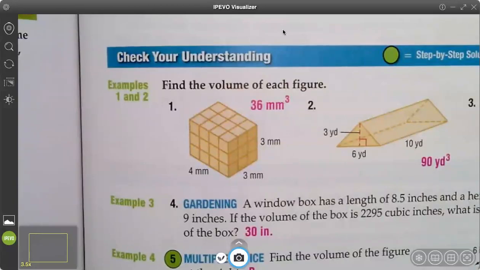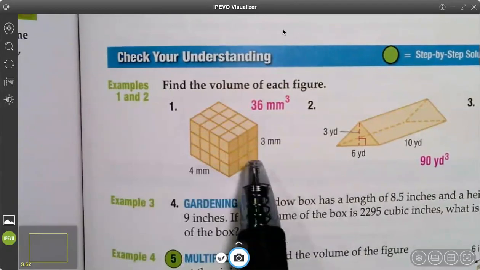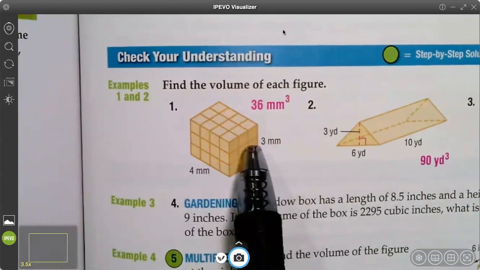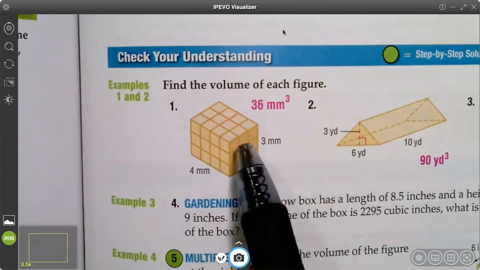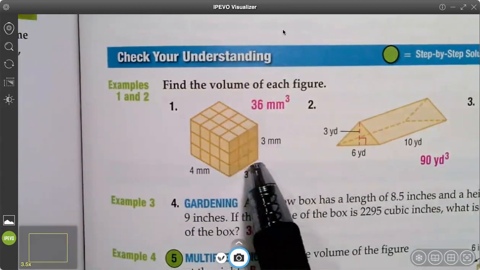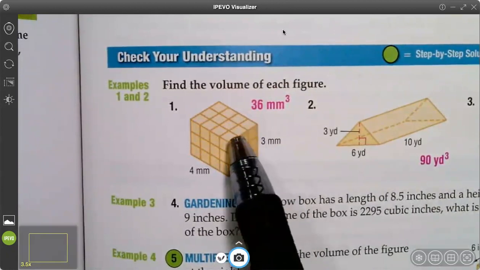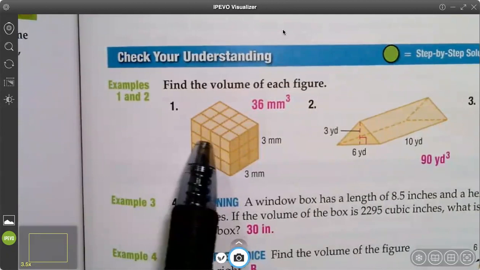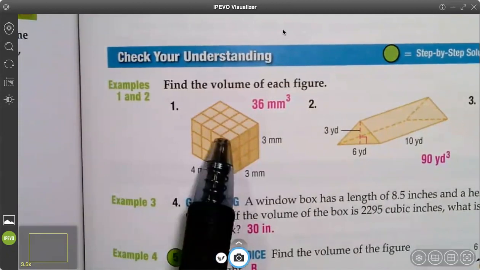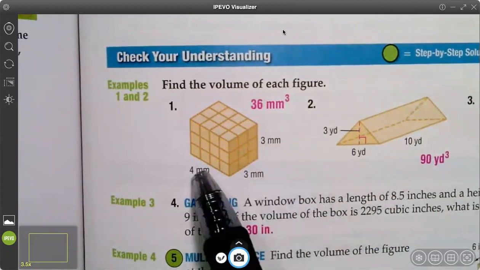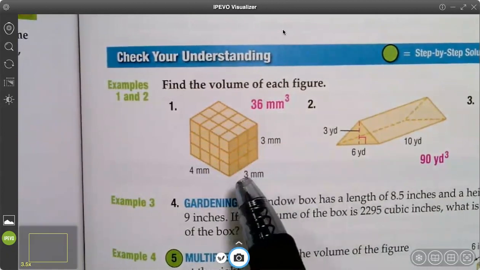I want to show you a few more examples. On number 1 here, it breaks everything into little blocks. So if I'm looking at this square on the end, it is 3 millimeters by 3 millimeters, and it shows 3 times 3 is 9. You could count, I have 9 blocks there. If I counted this side, 4 times 3 is 12, and you can see there are 4 blocks. And 3 times 3 times 4 is 36.